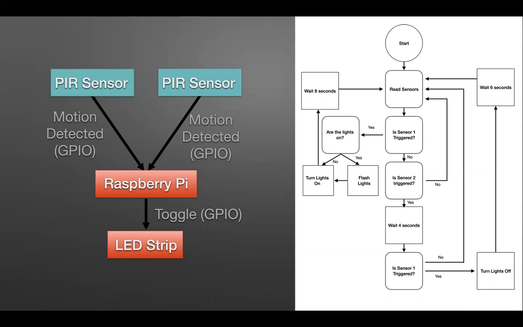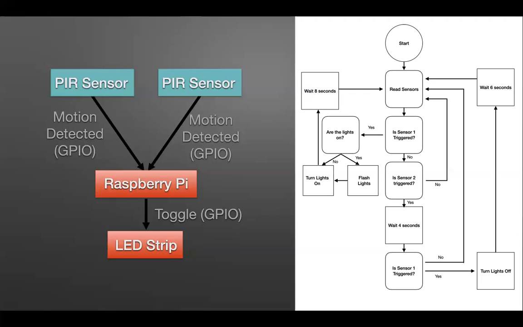If sensor 1 is triggered, and sensor 1 is the one in my personal setup in the doorway, then check if the lights are on. If they're off, that means you're the first person to go into the room, so turn them on. And if they are already on, that means somebody else is in the room, so you signal to them that somebody else is coming in by flashing the lights and then returning to the original on state.